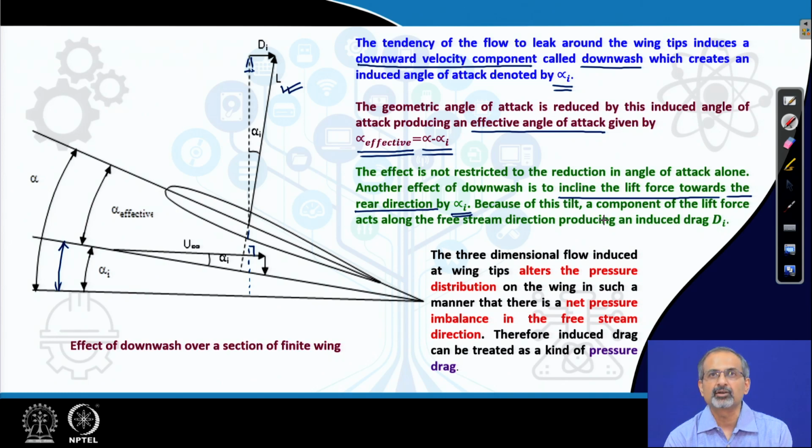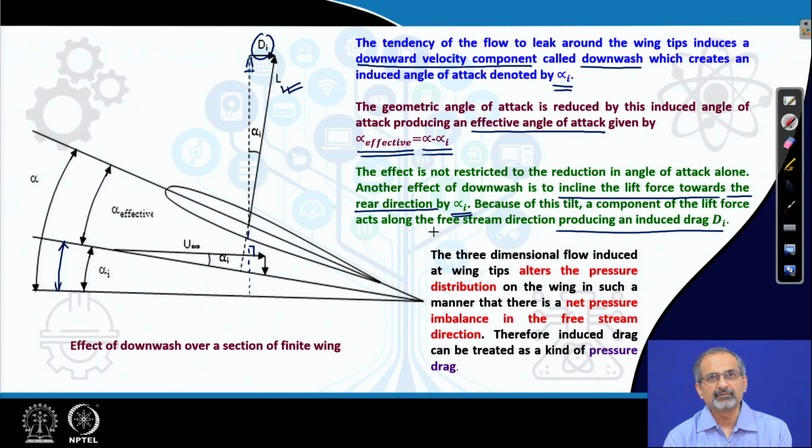Because of this tilt, a component of the lift force acts along the free stream direction, producing an induced drag. Therefore, the tilting has become a disadvantage now. So, even if the lift magnitude is not very different from what it was before, the fact that it has tilted backwards would give rise additionally to this drag.